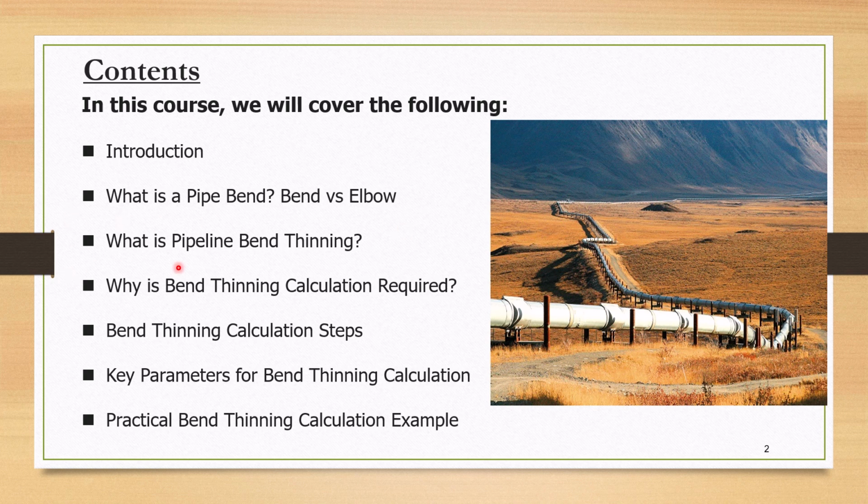Next, I will explain what pipeline bend thinning is, the actual meaning of bend thinning, and why bend thinning calculation is required. Next, what are the steps for bend thinning calculation and the key parameters that affect it. And finally, we will see a practical bend thinning calculation example.